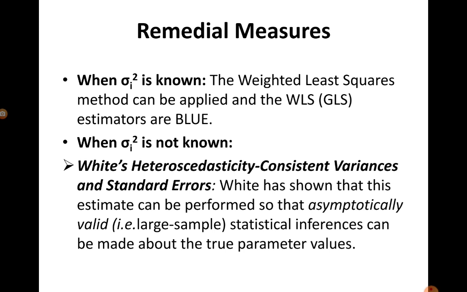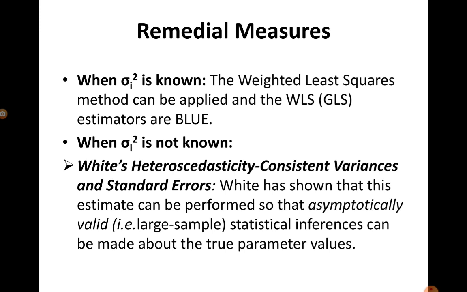In the first alternative, our sigma i square is already known to us. This could happen if we have had earlier empirical studies which give us an idea about the value of sigma i square, or you have a very solid theoretical foundation which gives us a fair idea about the value of sigma i square.